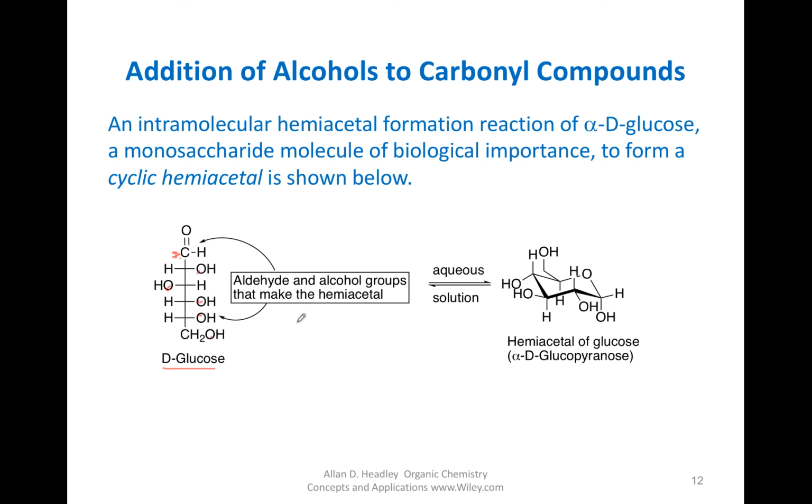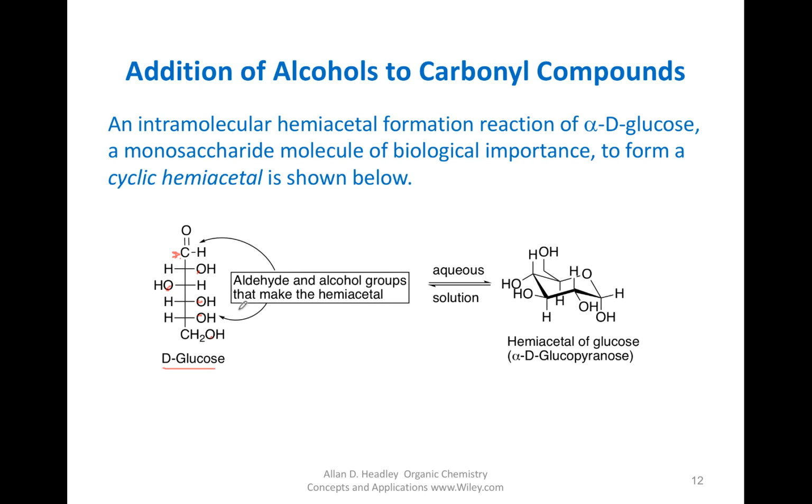So in the presence of an acid, just a trace amount of acid, one of these alcohols will react with the carbonyl carbon to form a hemiacetal. In this case, it would be a cyclic or intramolecular hemiacetal formation.